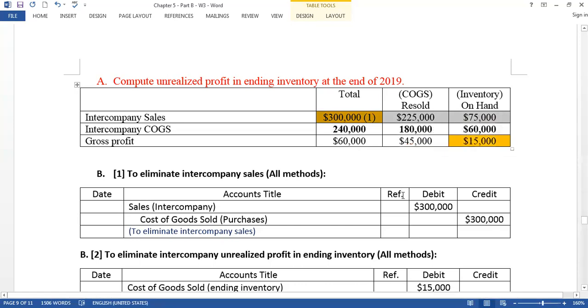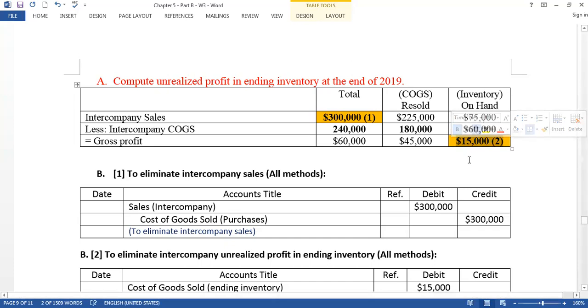We now separately record cost: sales less cost of goods sold equal gross profit. So this is our first journal entry to eliminate, and this is our second journal entry to eliminate.